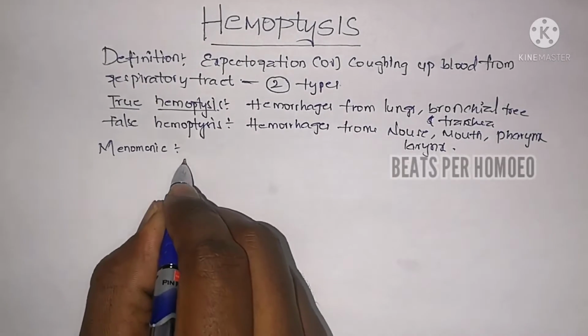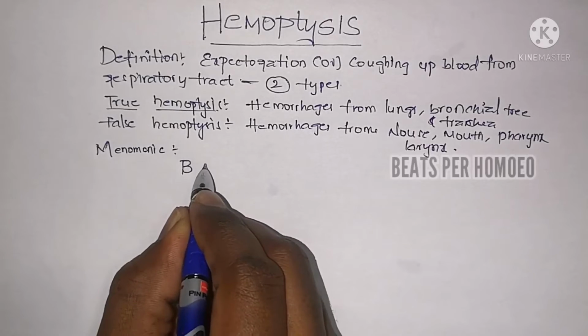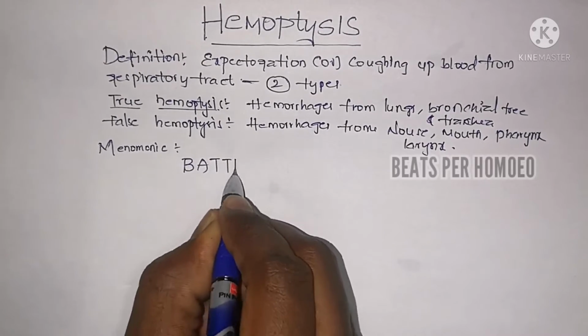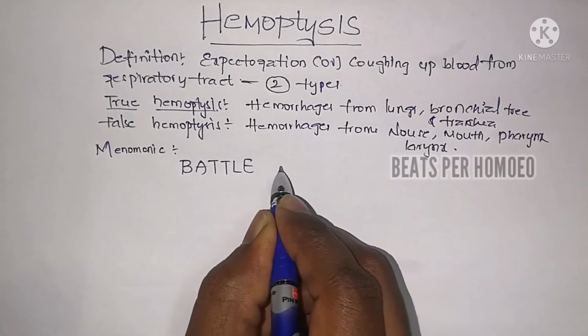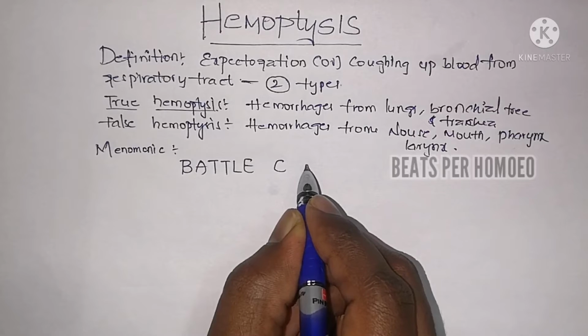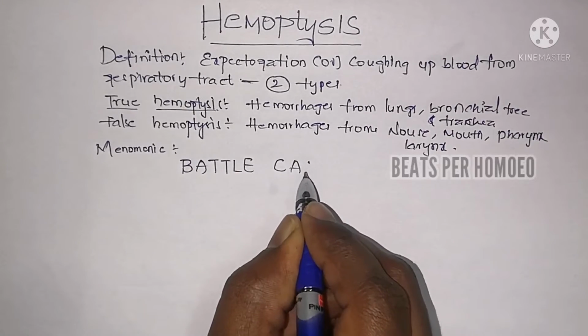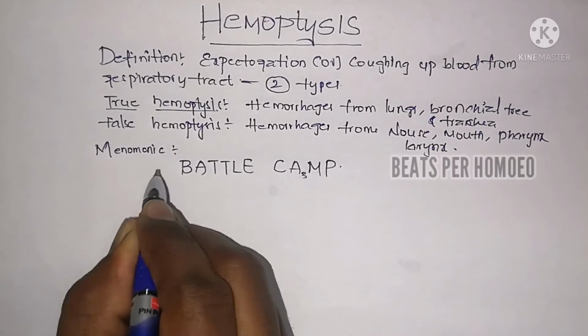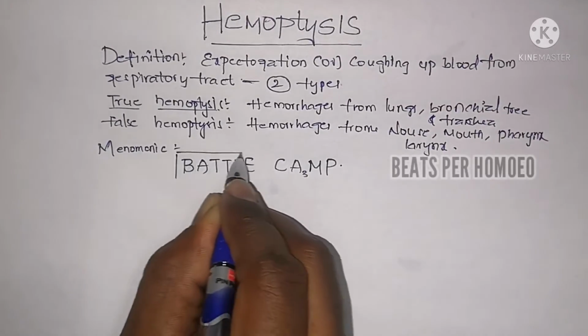Coming to the causes, with this simple mnemonic we can remember the causes of hemoptysis. Just remember the words BATTLE CAMP. Here in CAMP, just remember it has three A's: camp, battle camp.